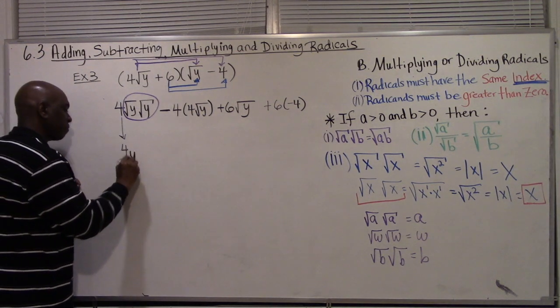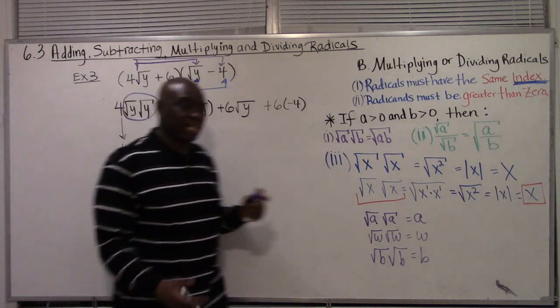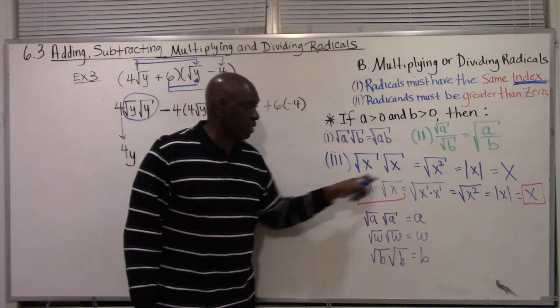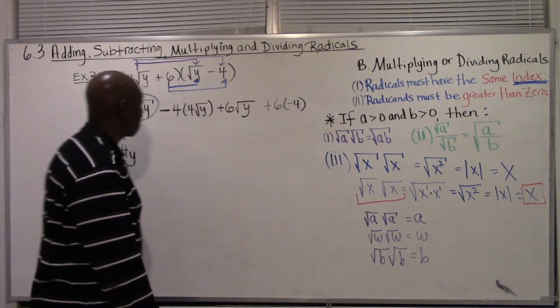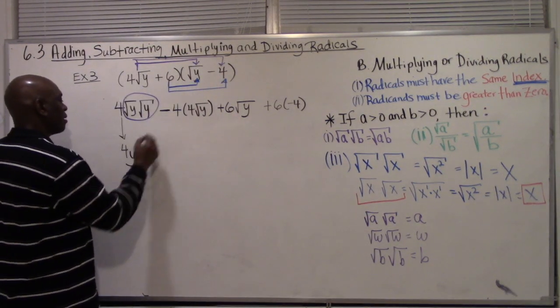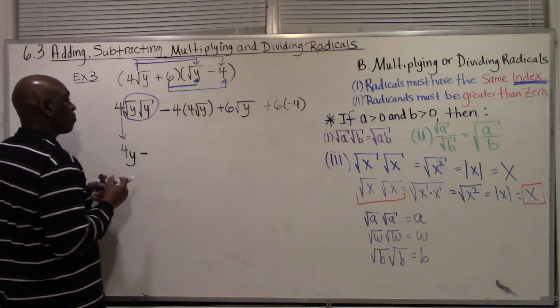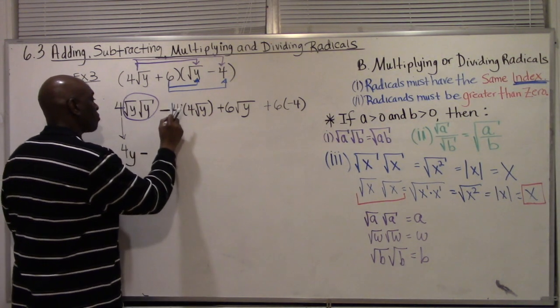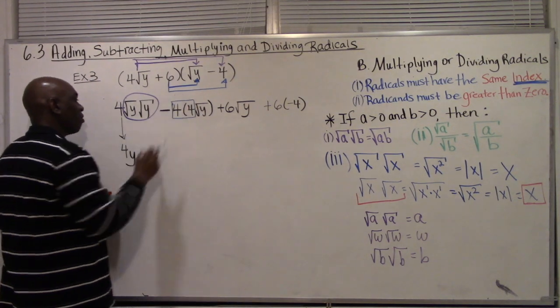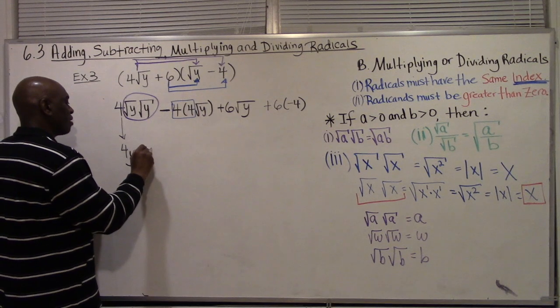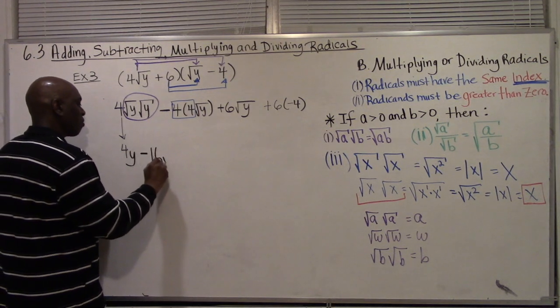It's y. Why is it y? Because of this reason right here. All right. Minus. What is 4 times 4? Right there. 4 times 4 is 16. That's going to be 16 radical y.